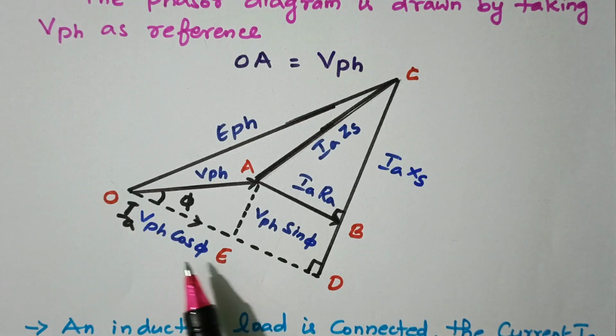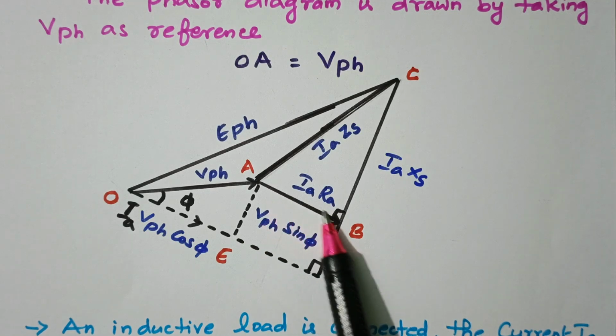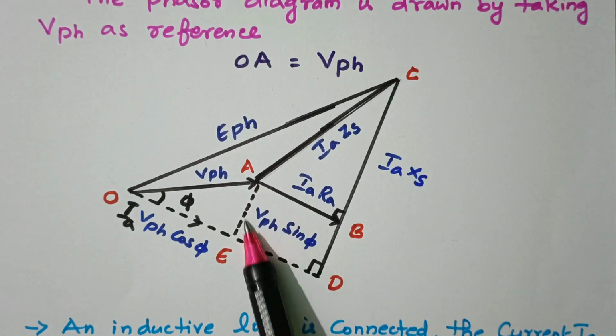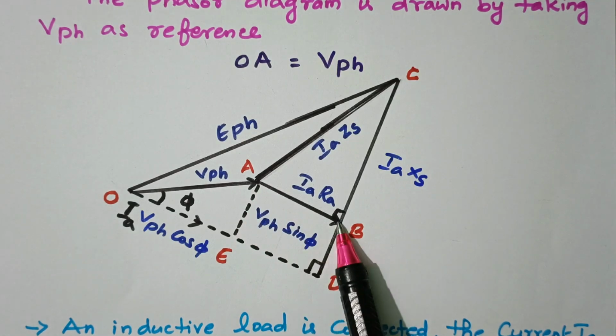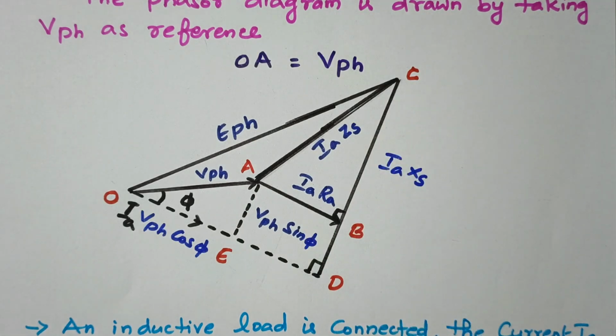OE is nothing but V phase cos phi. ED is nothing but IA RA. Both are the same. BD is nothing but V phase sin phi. BC is nothing but IA XS. So based on that, now we can go to the equation.